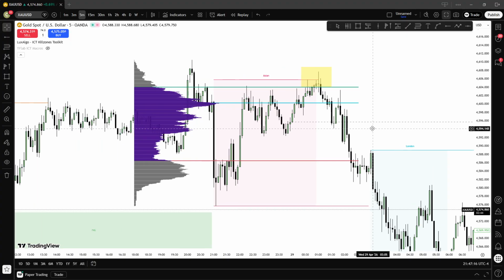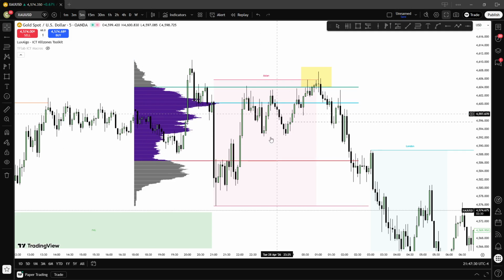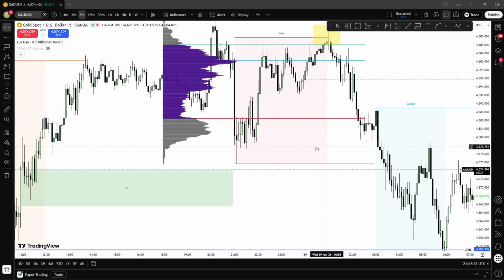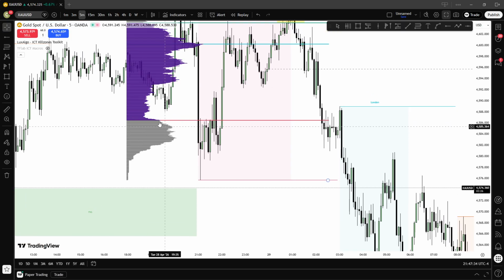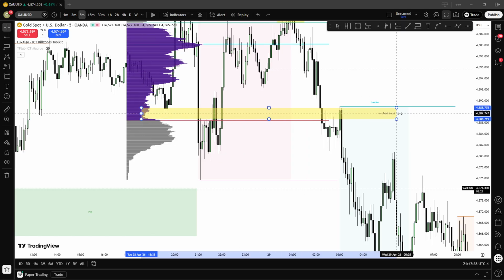What did we say last video? In the volume profile, we have two types of nodes: high volume nodes and low volume nodes. Low volume nodes look like a valley, a rejection zone. So what we had here, low volume nodes.